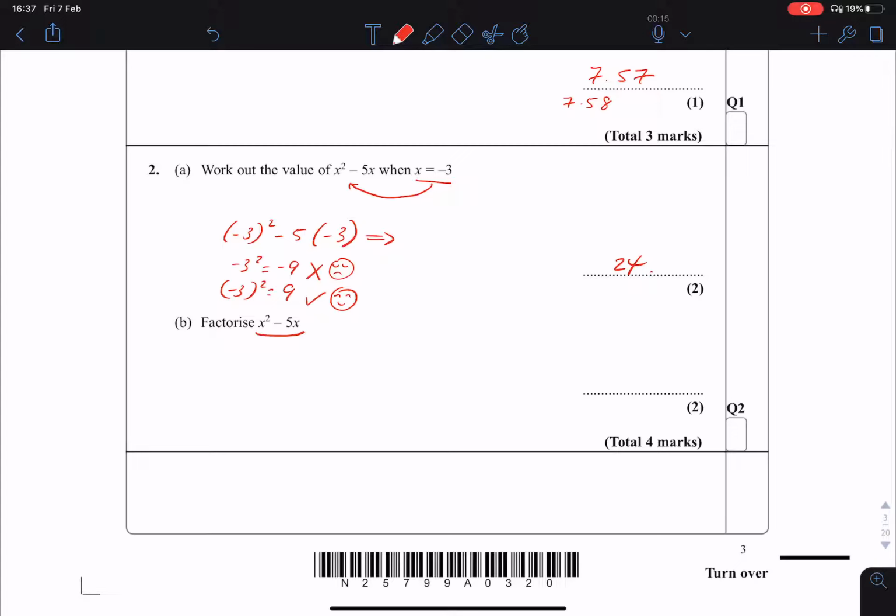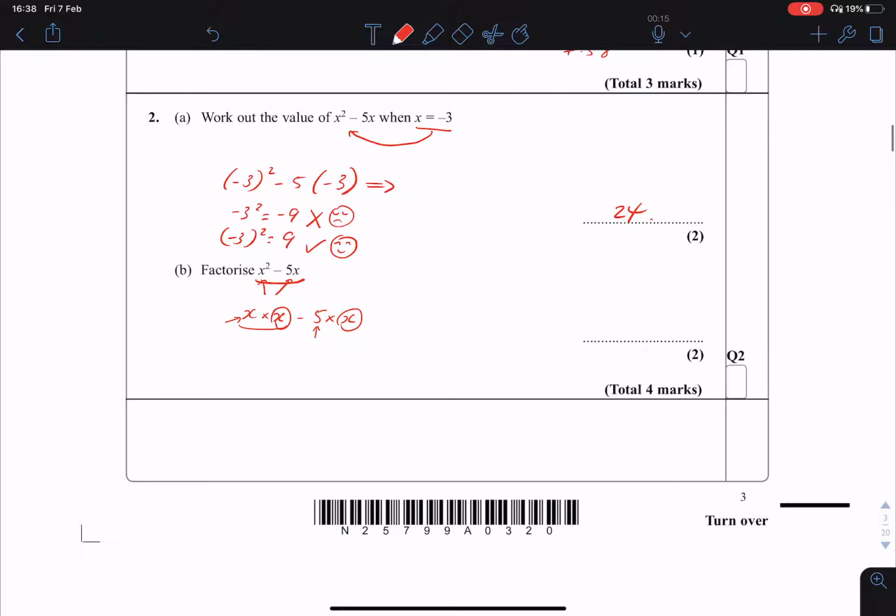Now, factorize means find anything in here which is a common factor. So I can see that x squared is x times x, minus 5 times x. A factor of x times x is x, and a factor of 5 times x is also x. Another factor would be 5, and over here the other factor would also be the same thing, x. And it means put it into brackets. It means take everything out of here, all the common factors, and put them outside of a bracket.